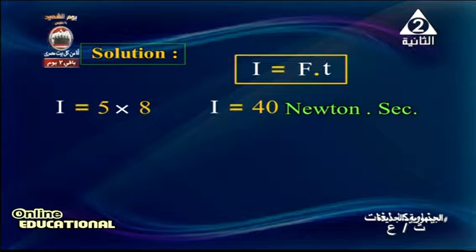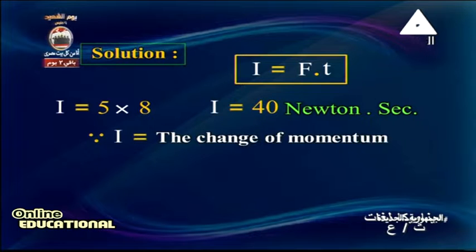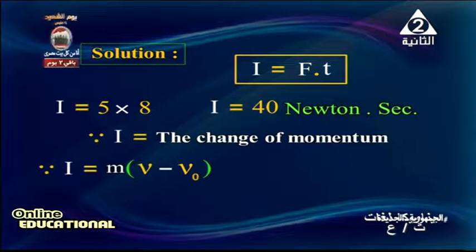And we know that the impulse I equals the change of momentum. Then I equals m(v − v₀). I equals 40 Newton seconds in the left hand side, and the right hand side 4(v − 0), because the initial velocity v₀ equals 0.